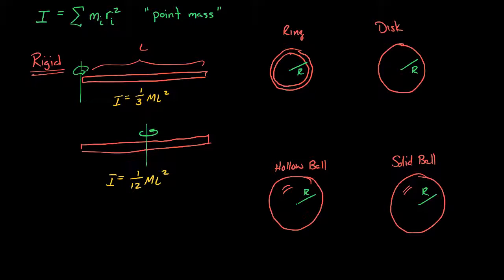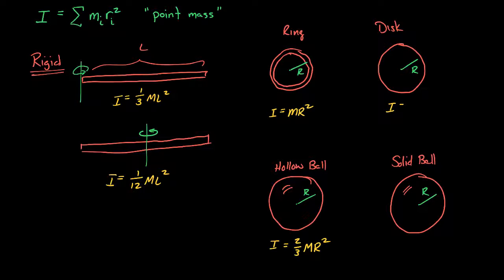The largest moment of inertia should be a ring because all the mass is located at the edge. So a ring has the largest moment of inertia. The next one would be the hollow ball. Because it's hollow, most of the mass is on the edge, but not all of it. The next one is a disk.